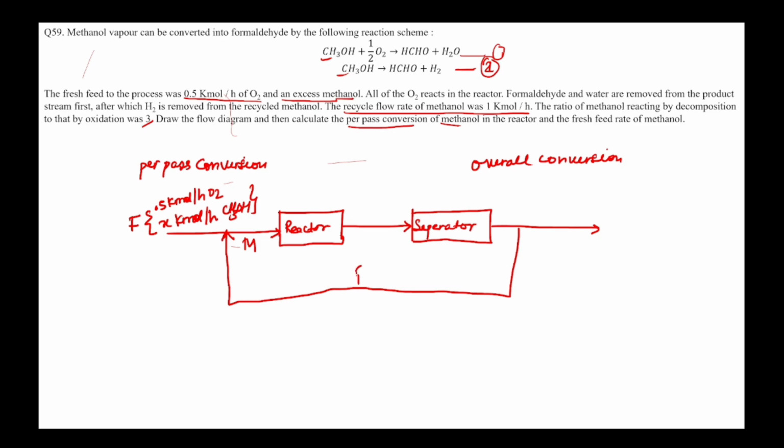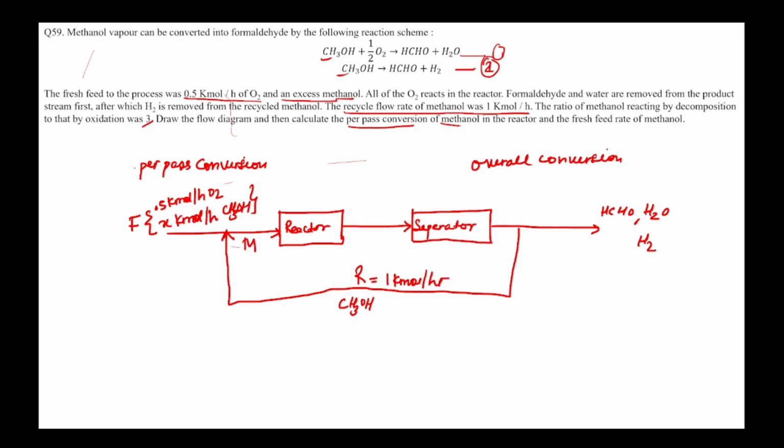This is the recycle, and the separator separates the HCHO, H2O and H2. The recycle is only CH3OH, which is 1 kilomole per hour.